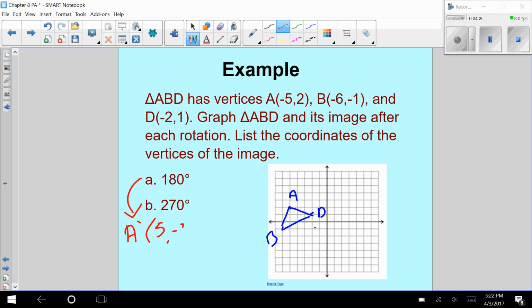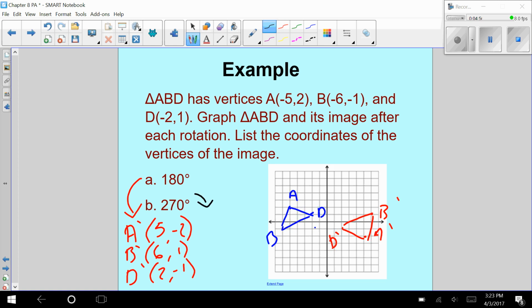So it becomes (5, -2). B prime is (6, 1). And D prime is (2, -1). Let's look at what that looks like when it's graphed. Notice that D is still the closest point to the origin. B still looks like it's the furthest away. And it's just kind of turned around.